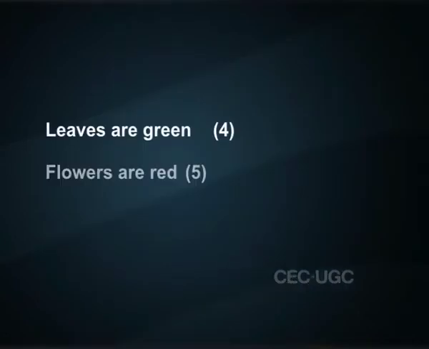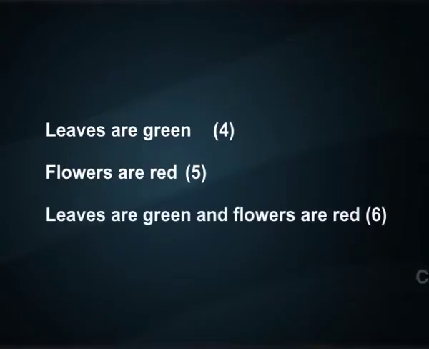Elementary propositions are firstly classified as simple and compound propositions. While a simple proposition is one that contains no constituent propositions, a compound proposition is composed of two or more simple propositions. For example, "leaves are green," "flowers are red," "leaves are green and flowers are red."